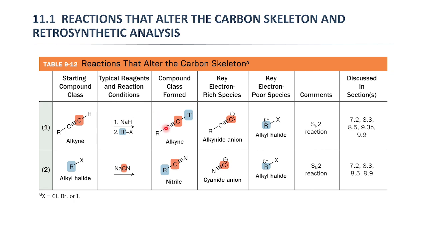They give you the transformation that would happen, and then a very generalized reaction condition that would go along with it. Now your book takes an extra step further and gives you the key electron rich species and the key electron poor species, and comments detailing the type of reaction or elementary reaction steps that would be involved, and then gives you the portions of the book that further discuss that.